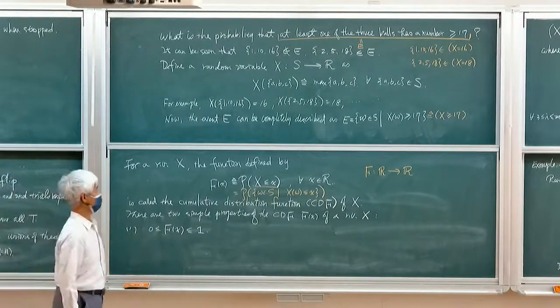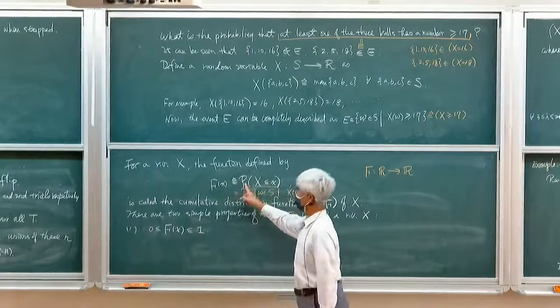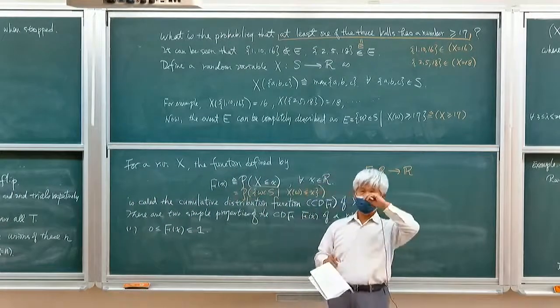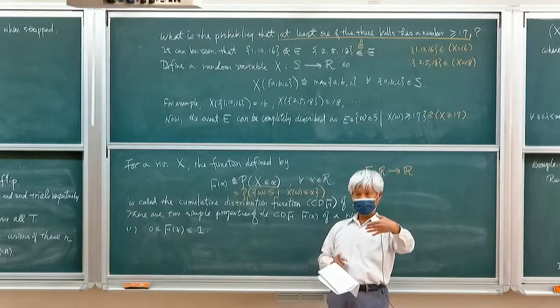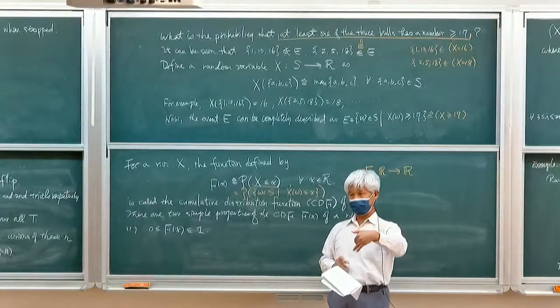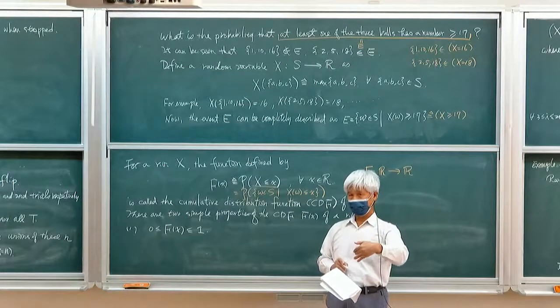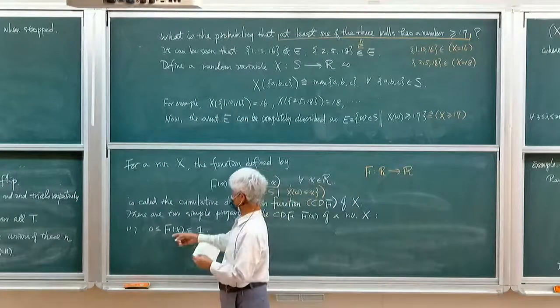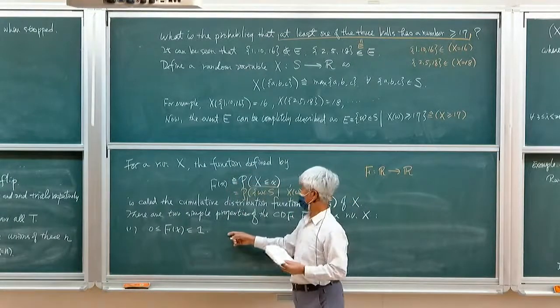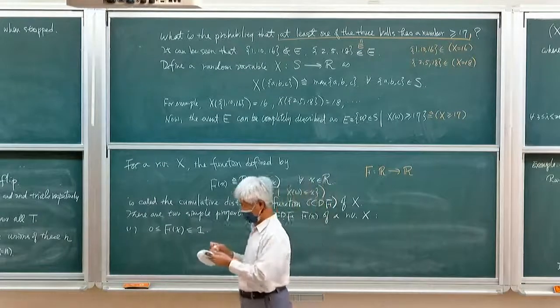This is because the probability function has values from 0 to 1. So this follows immediately from the probability function P.